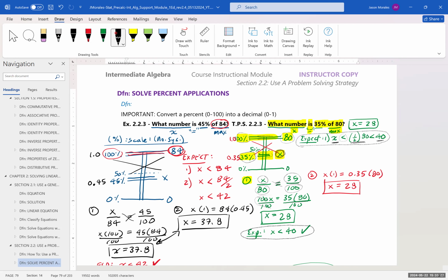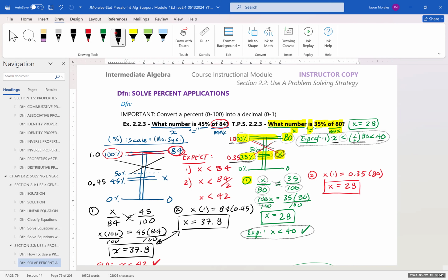The other way to maybe more quickly solve this is, once you set this up, convert the percentages to fractional decimals. So here we've got 35%, that would be 0.35, and 100% would just be 1. So we can just cross multiply what we've got.